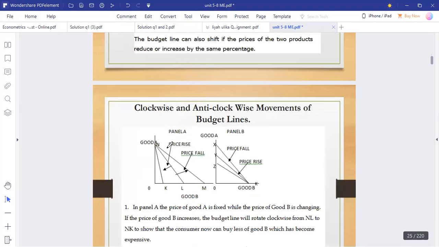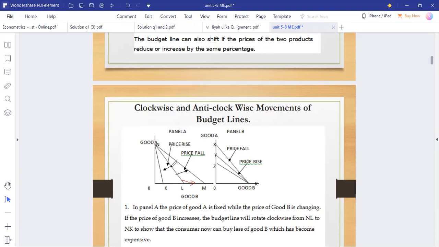And when the price of good x becomes cheaper, if the price of good x falls, you're going to demand more of this good x.